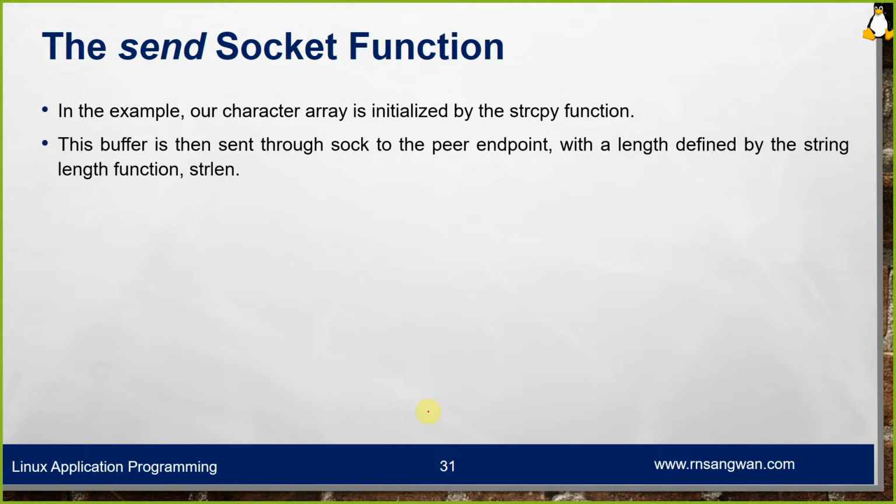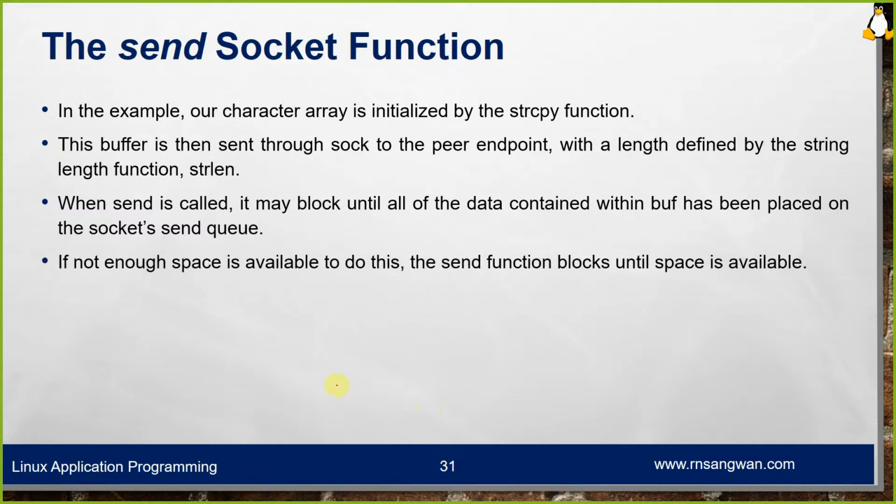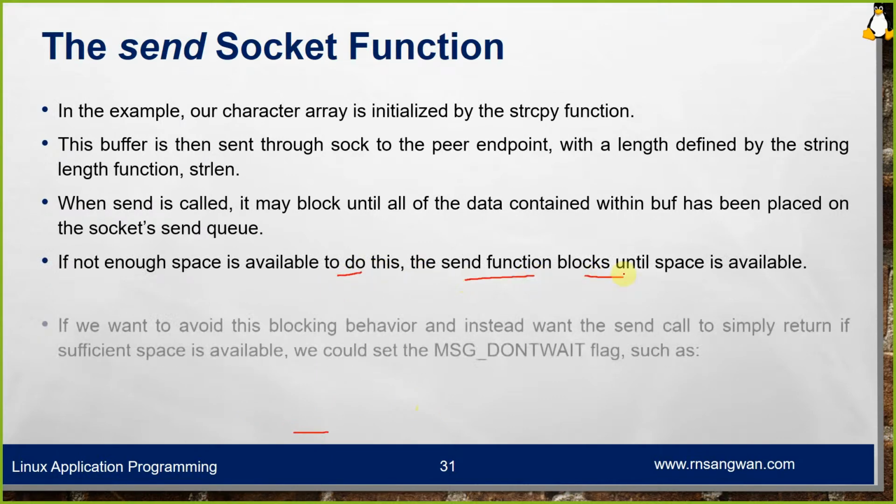When send is called, it may block until all of the data contained within the buffer has been placed on the packet's send queue. If not enough space is available to do this, the send function blocks until the space is available.